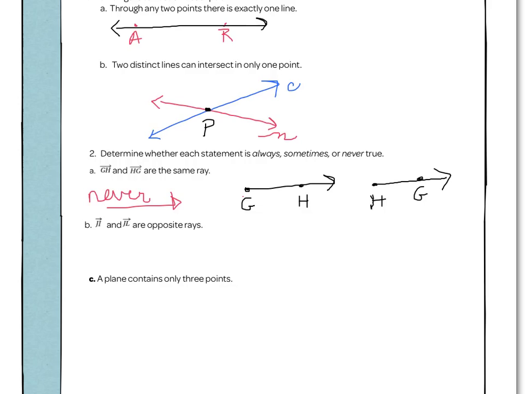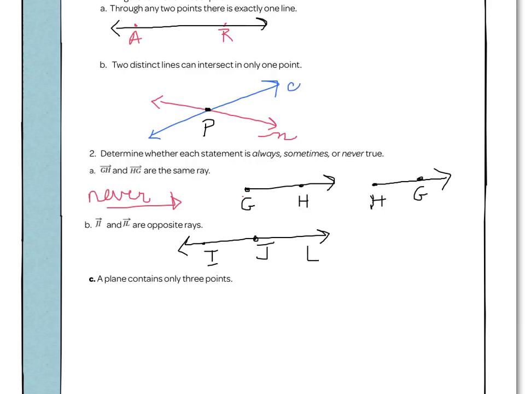Part B. Ray JI and Ray JL are opposite rays. So we can actually draw that. This could be JL. And this could be JI.